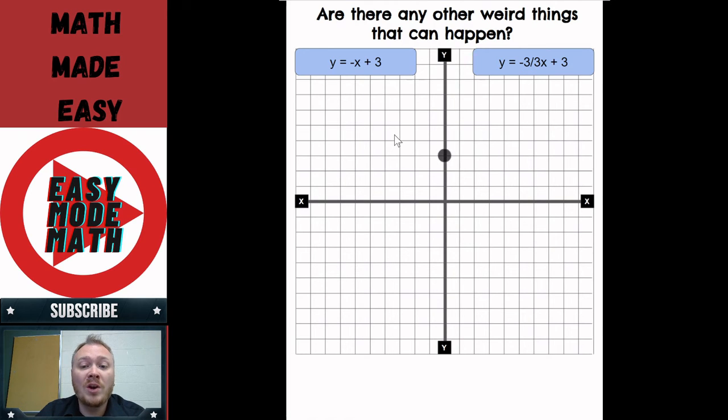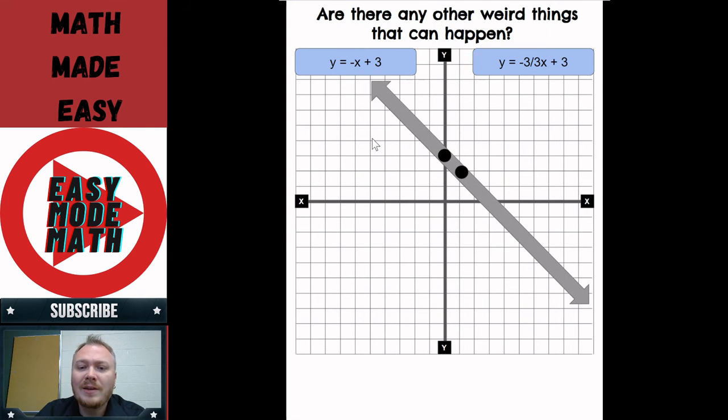Either way, we can go ahead and graph here, starting at 0, 3, and then a common question I get is, what is the slope when there's no number there? As a reminder, we have a ninja hidden 1 here, and our slope in this problem would be -1 over +1. To get to that second point, that would be down 1, right 1.